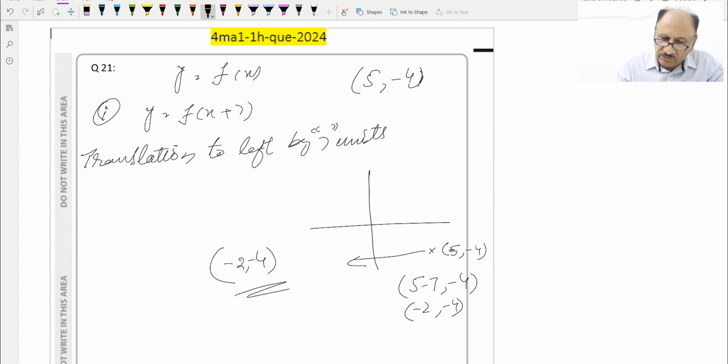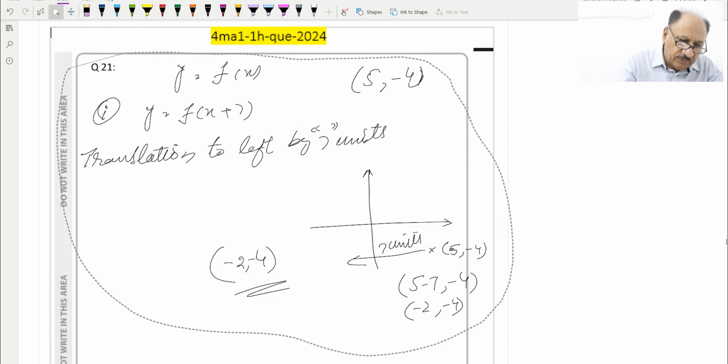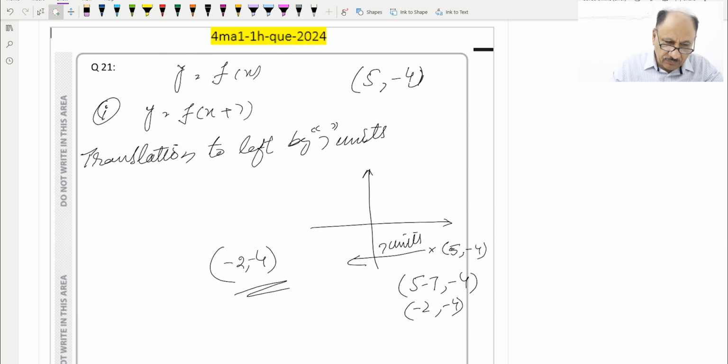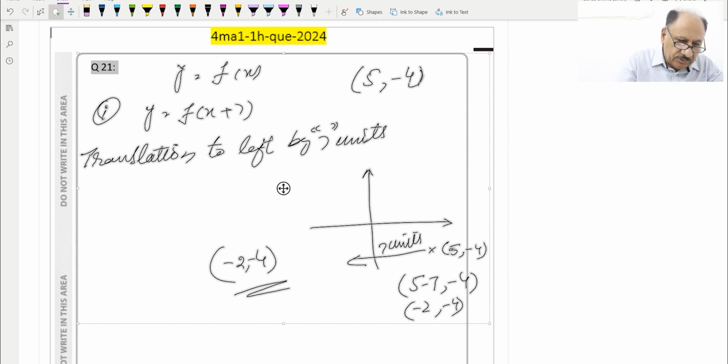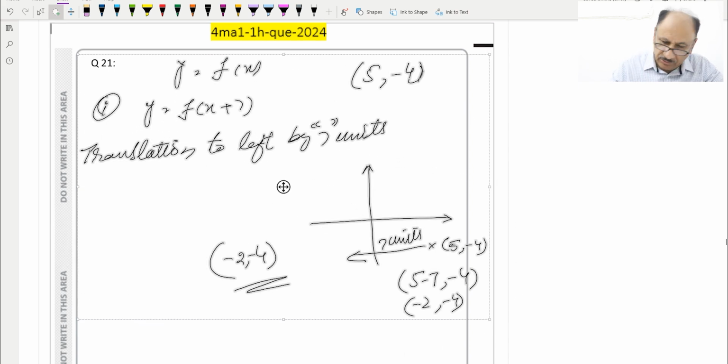This is how I have explained to you. On the coordinate axes also, we have to move 7 units to the left, and that will be only an x change, y will remain as it is. Hopefully you understood this. Now what else? We can identify part B, and for that I will be shrinking this a little.